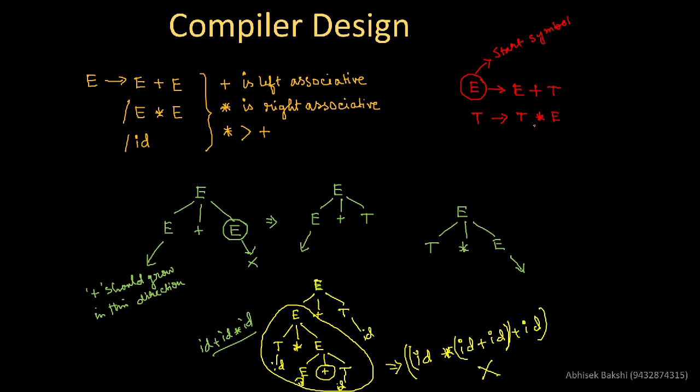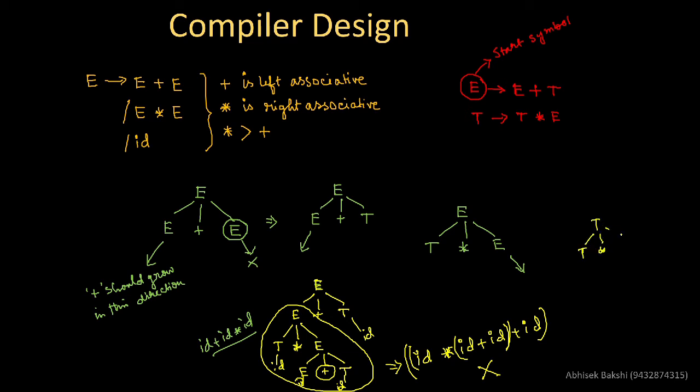But one more thing, since I have kept T on the left hand side, it is now getting another problem. What problem? Just concentrate on the T to T star E part. If we do this, what will happen? The tree will look something like this, right?